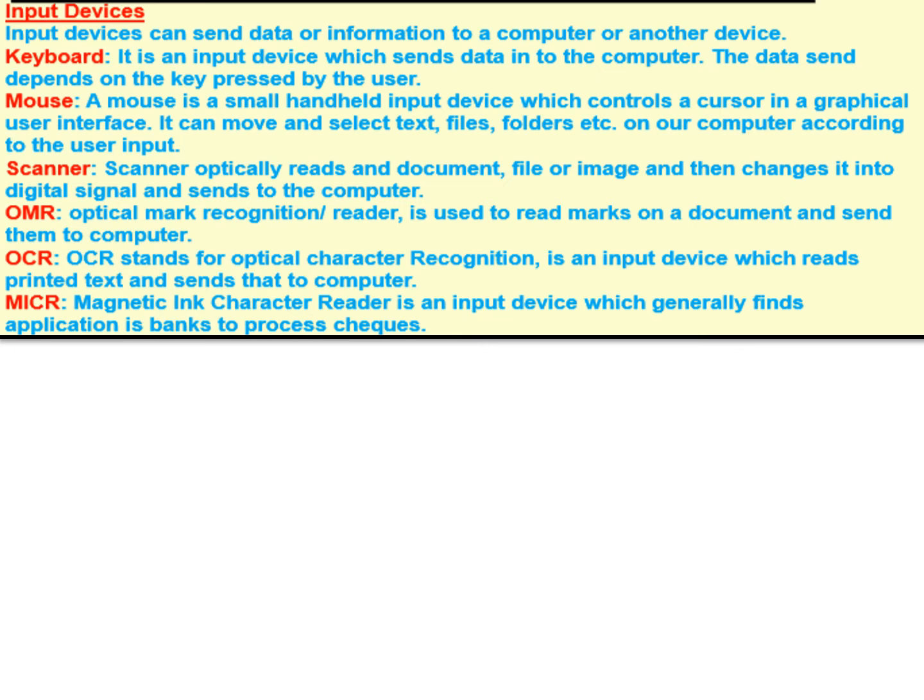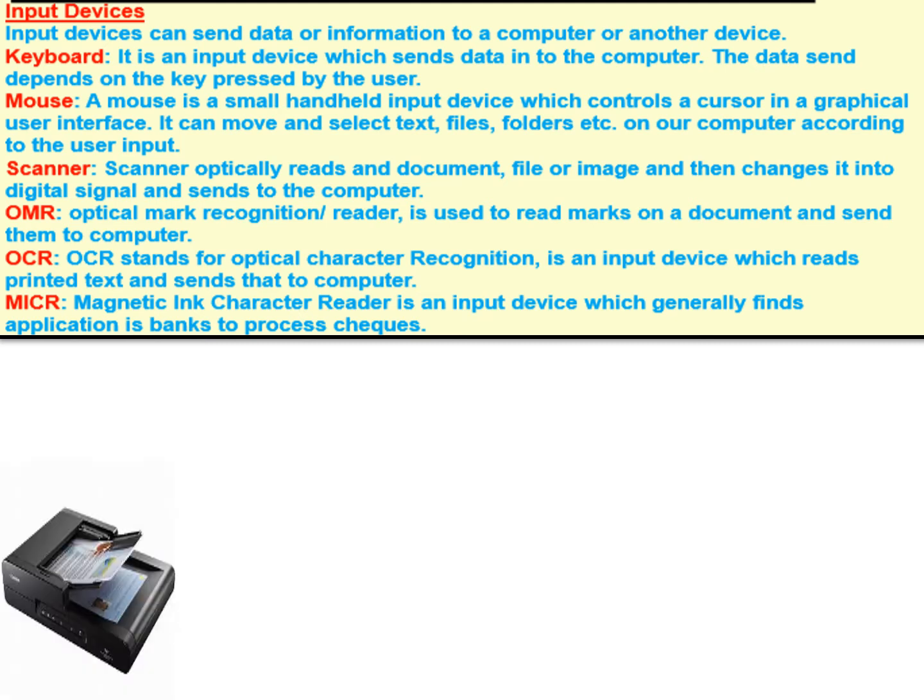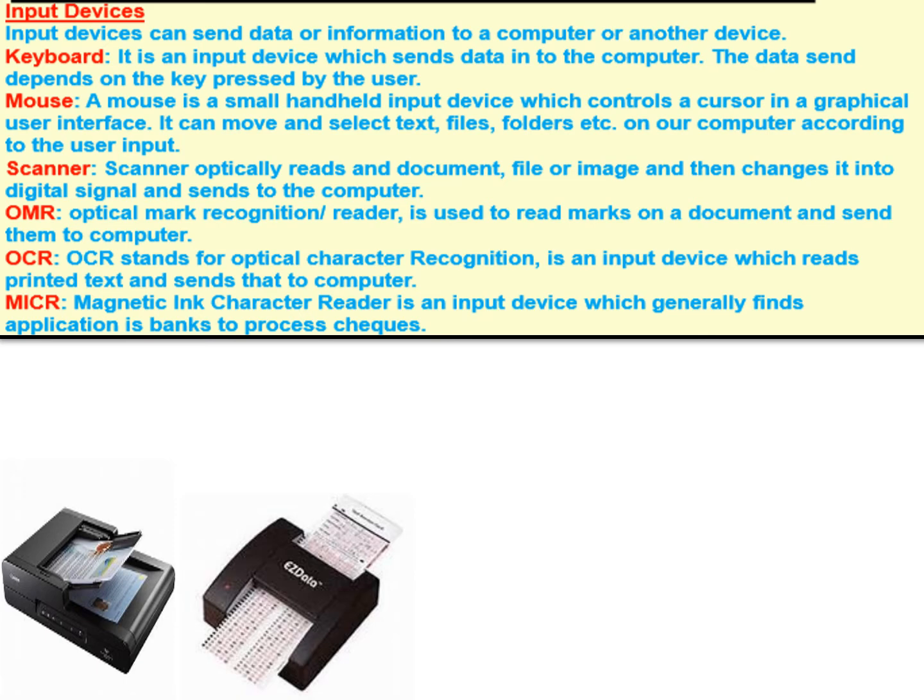MICR stands for Magnetic Ink Character Reader. I hope you all have seen a check. In the check, at the bottom there are some characters written in dark ink, dark blue, black ink. To read those characters, a reader is used that is known as magnetic ink character reader. This reader is used to process the checks.